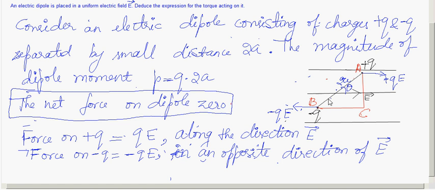Now this angle is theta. So sine theta is AC by 2a, or AC is 2a sine theta.